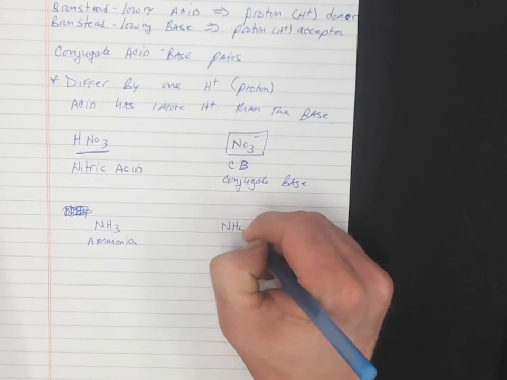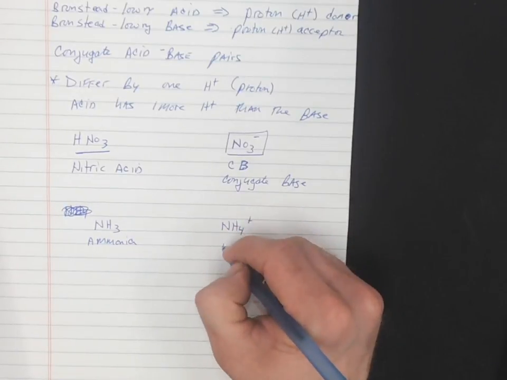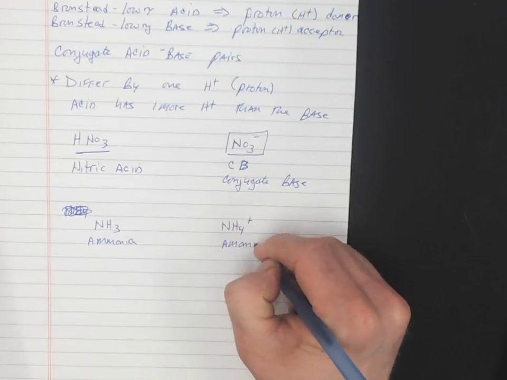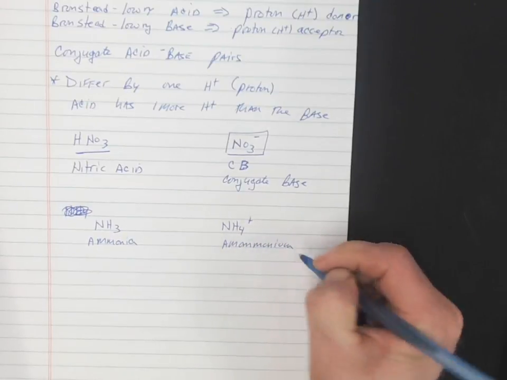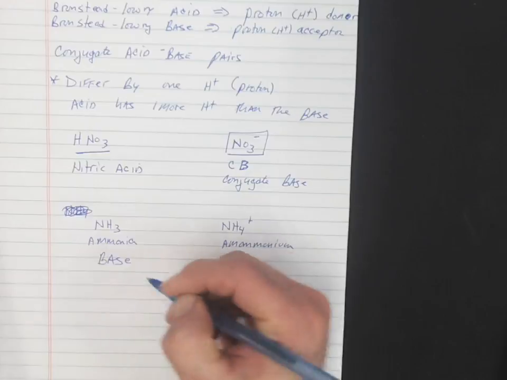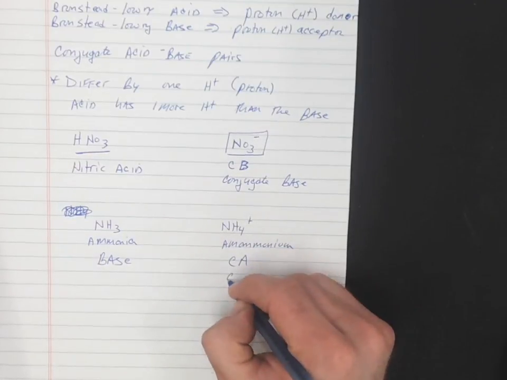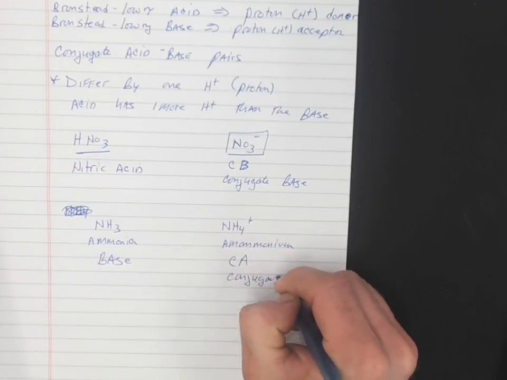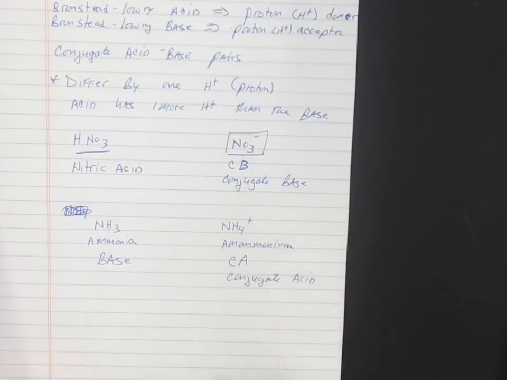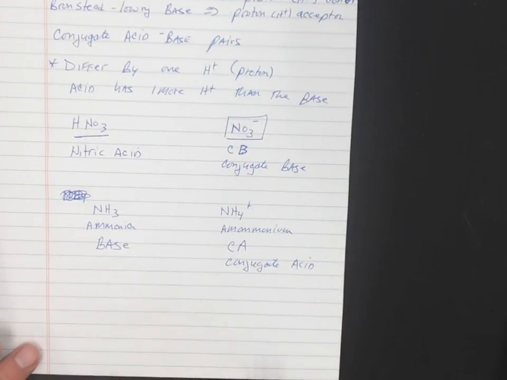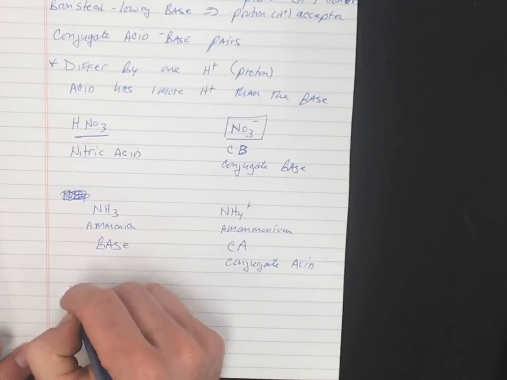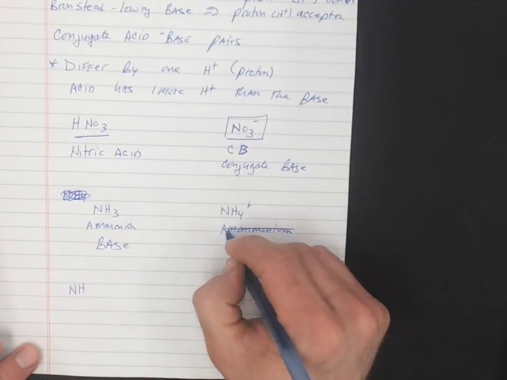NH4 what? There you go. We call this ammonium. This is the base, and we call this the CA, or the conjugate acid. Now, ammonium.